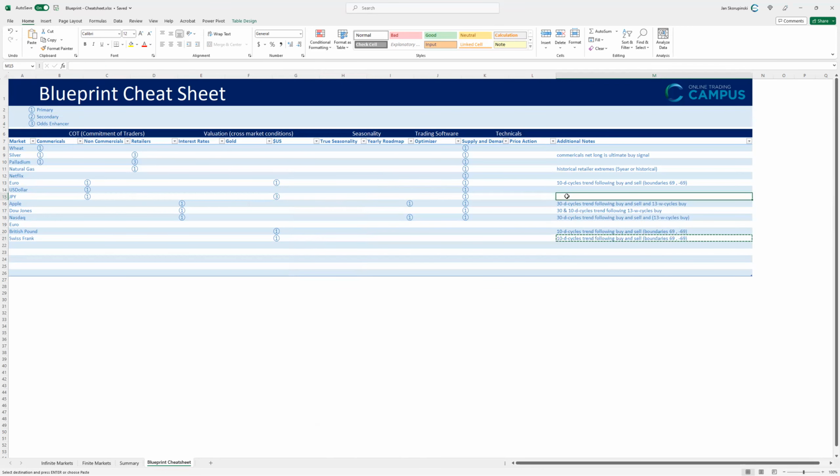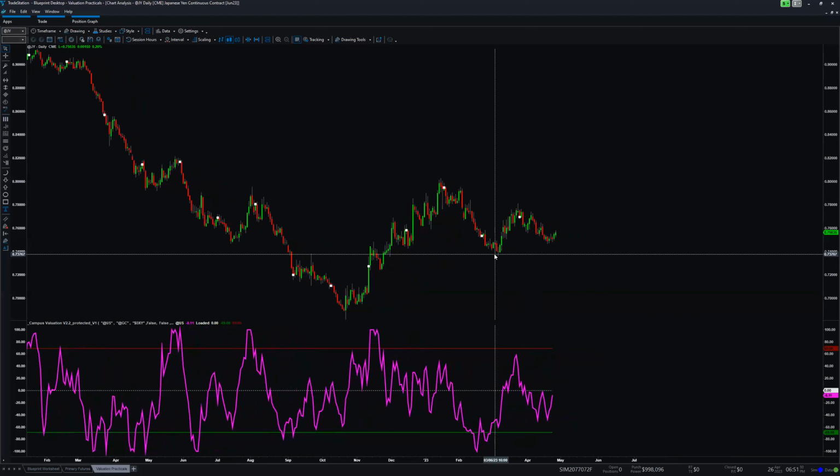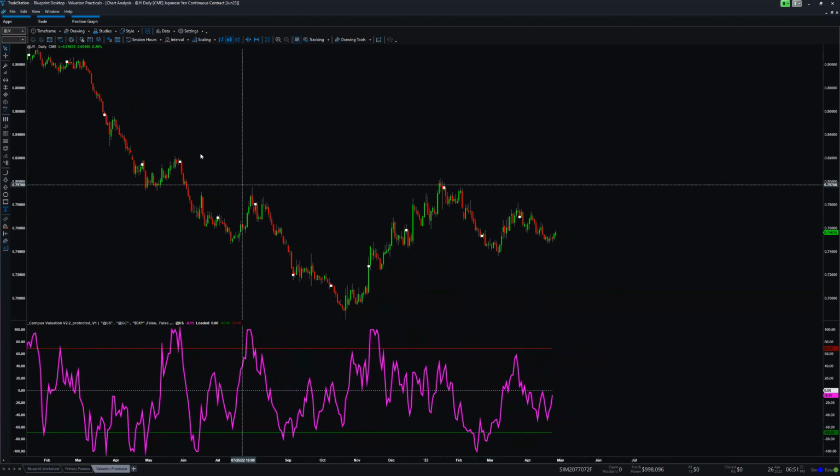Here we could say, we're going to look at the non-commercials, and then we're also going to look at over or undervalued, and use that as an odds enhancer to potentially trade a good setup. And we have to know that very rarely it's bang on accurate. Very rarely, once it flashes, do we have some time to then position ourselves with this specific market right here.